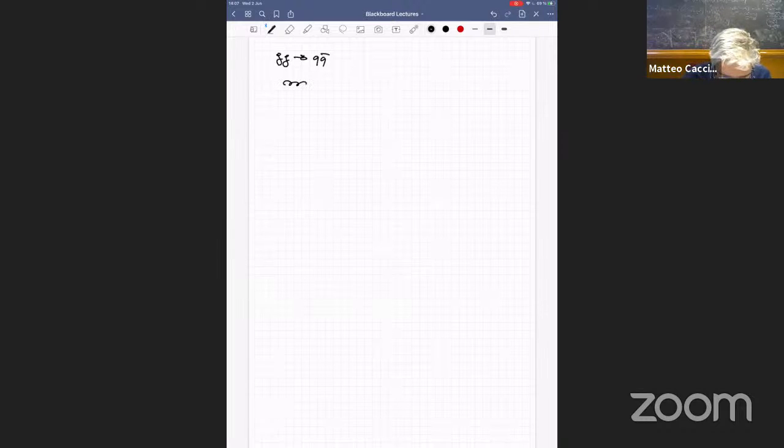Well, it happens through a number of diagrams. This is one, for instance. This is another, the cross one, simply. So these are the two diagrams that you also find in QED. But then there is a third one, thanks to the gluon vertex.